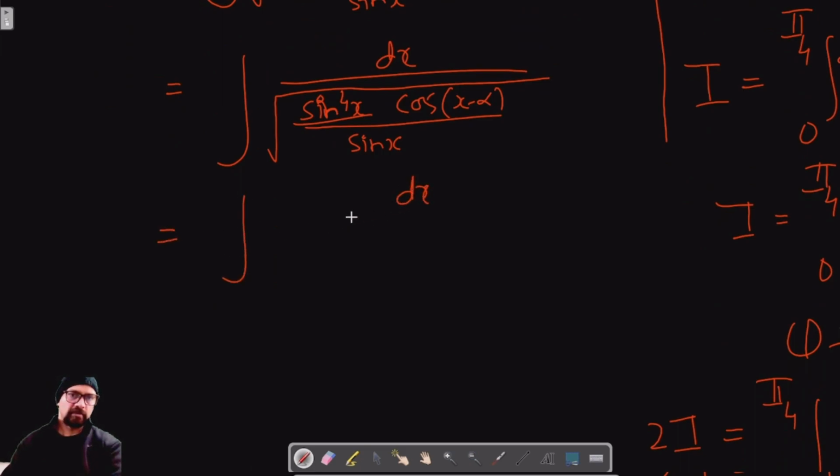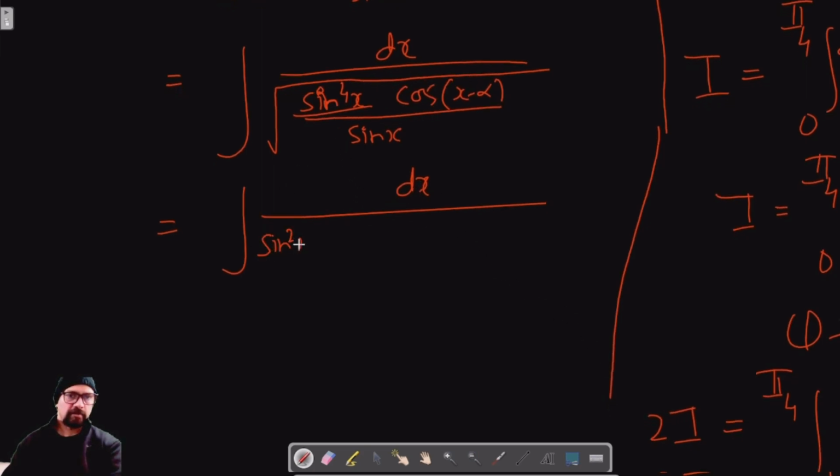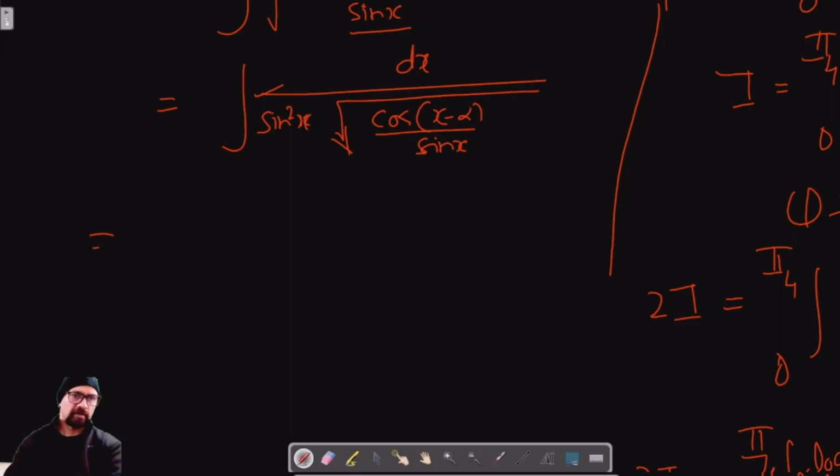So sine square x comes out, and under the root we have cos of x minus alpha upon sine x. Now 1 upon sine square x, I can write as cosecant square x into dx.